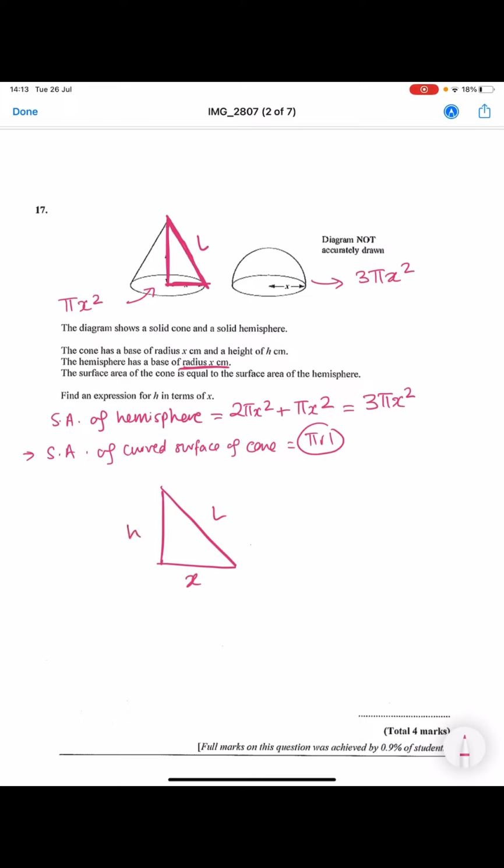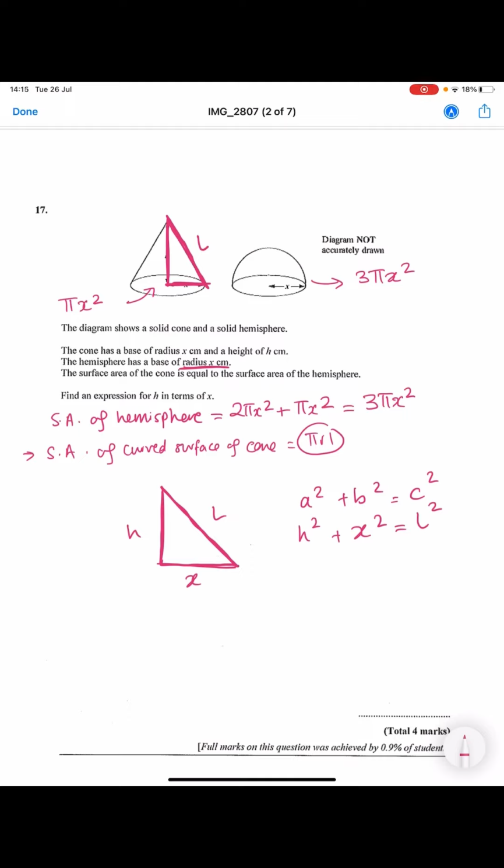To work out what L is, what do we do? If we have a right angled triangle, think of Pythagoras. So a squared plus b squared equals c squared, where c squared is the hypotenuse. Our hypotenuse is L squared. So we have h squared plus x squared equals L squared.